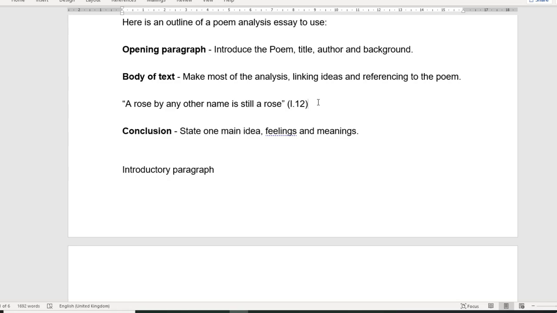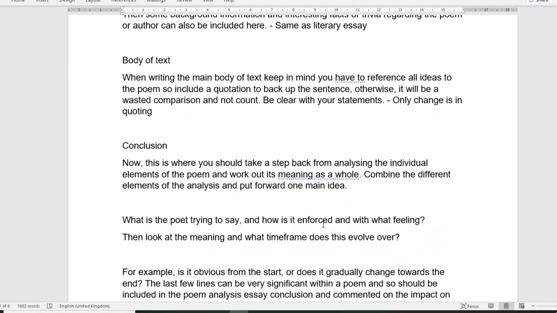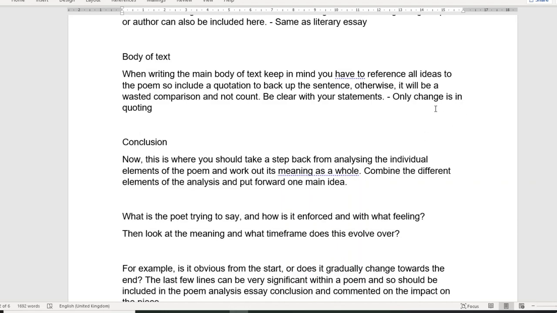When you give an example, or when you give evidence to substantiate your points, you will put a quote, and when you quote, in brackets, put the line number. Right, so that's on your body. It's basically the same. The only change is in quoting.